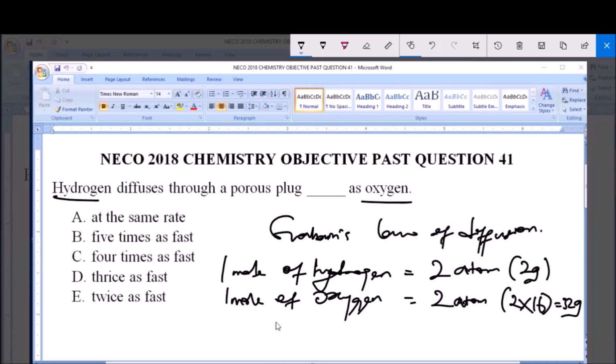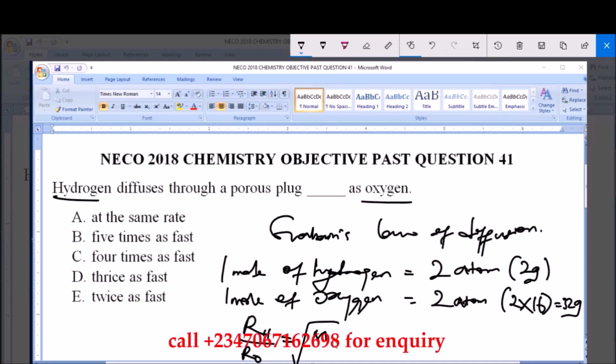Now from Graham's law, we have that the rate of diffusion of hydrogen over the rate of diffusion of oxygen is equal to the square root of the molar mass of oxygen over the molar mass of hydrogen.